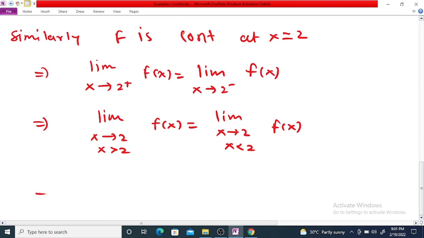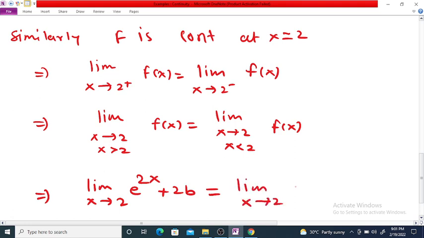So it is limit x tends to 2 of e raised to twice x plus twice b equal to limit x tends to 2 of bx squared plus thrice ax plus 5.